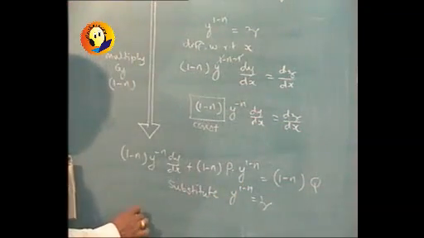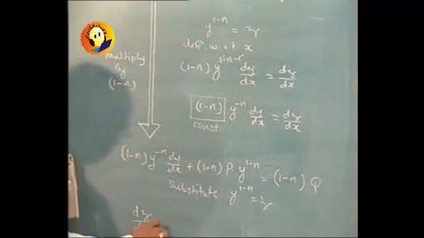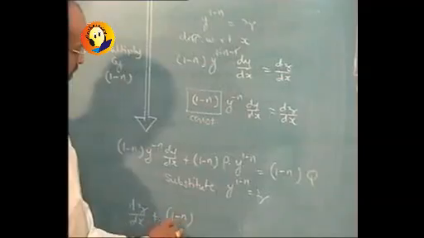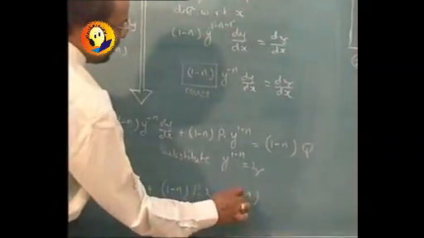We get dz by dx plus 1 minus n into Pz is equal to 1 minus n into Q.